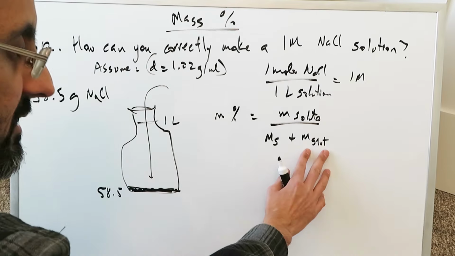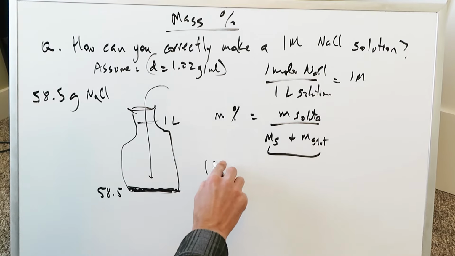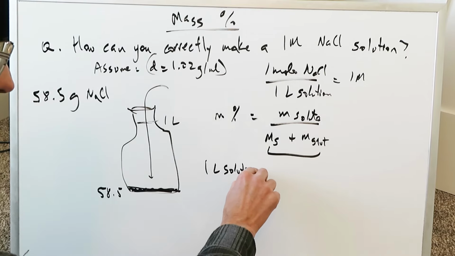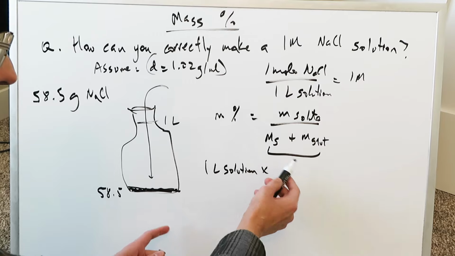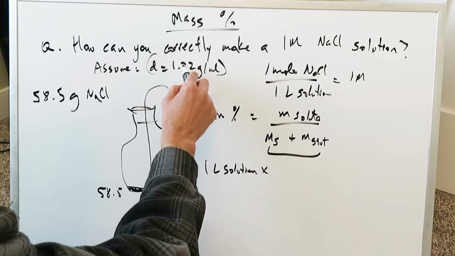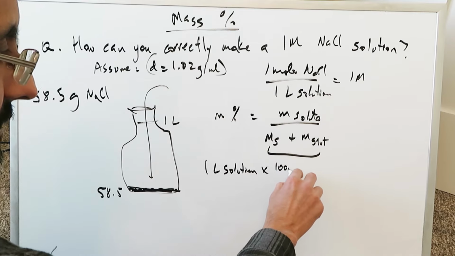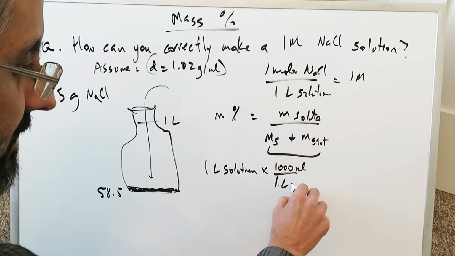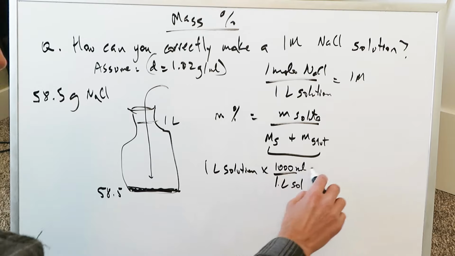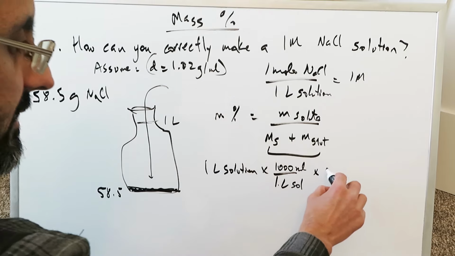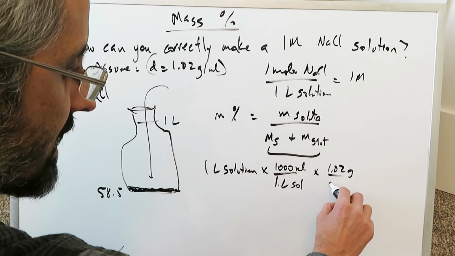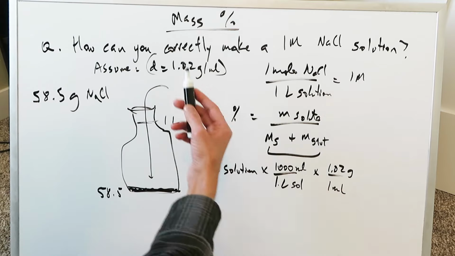We have to determine the mass of the solution. If we have 1 liter of solution, we convert to milliliters because the density is in grams per ml. You'll have 1000 ml per 1 liter of solution, and then a density factor of 1.02 grams per ml of solution.